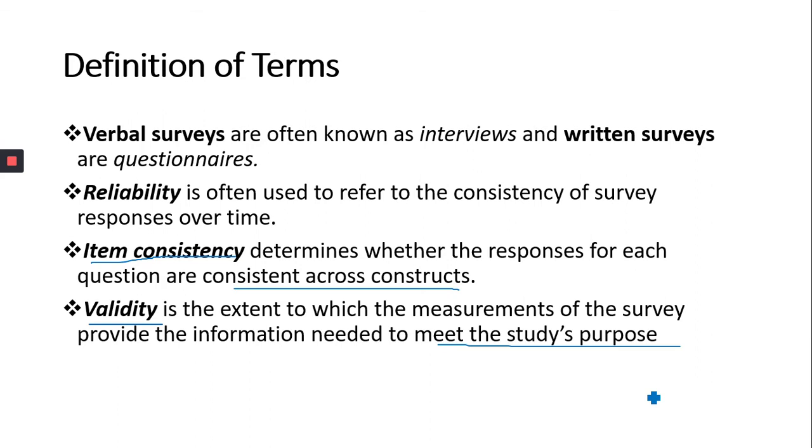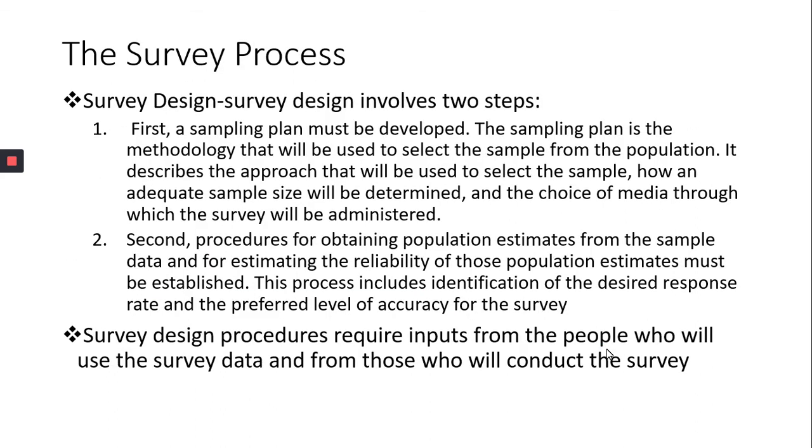When you go to a survey, you gather information that is appropriate to address the purpose of the study. So when we say the survey is valid, we are asking ourselves, to what extent do the measurements of the survey provide information which is needed to meet the study's purpose?